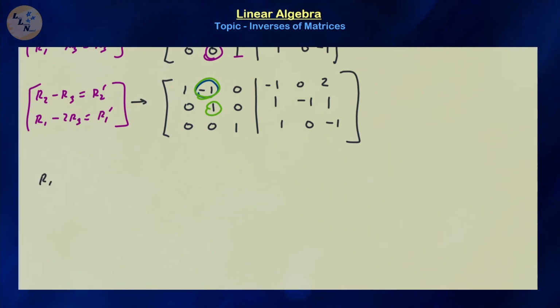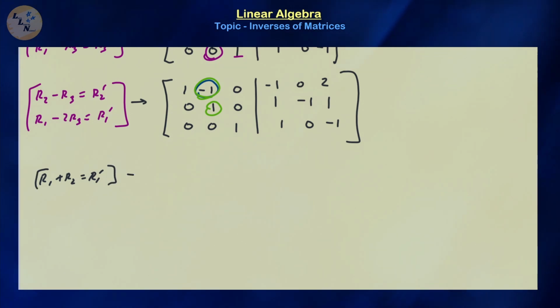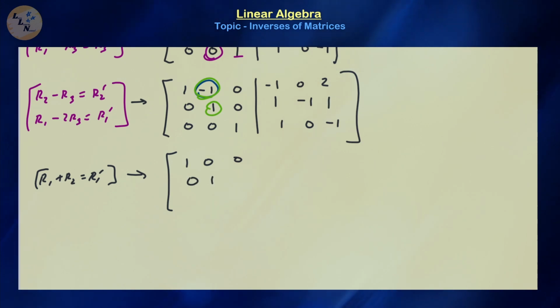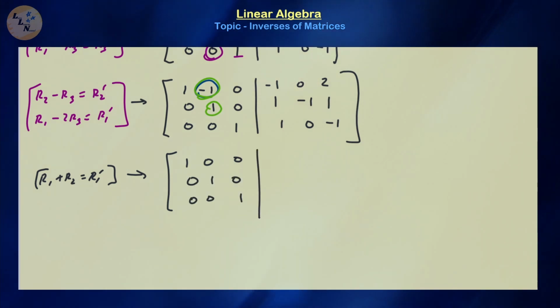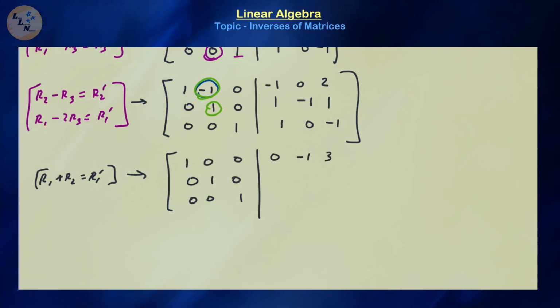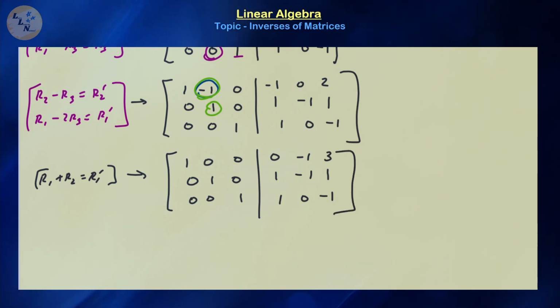So let's just write that out just to be formal. So row 1 plus row 2 equals a new row 1. So that's going to generate the identity matrix 1, 0, 0, 0, 1, 0, and 0, 0, 1. And what's on the right should be the inverse of our matrix. So that's going to give us 0, minus 1, 3, 1, minus 1, 1, 1, 0, minus 1.